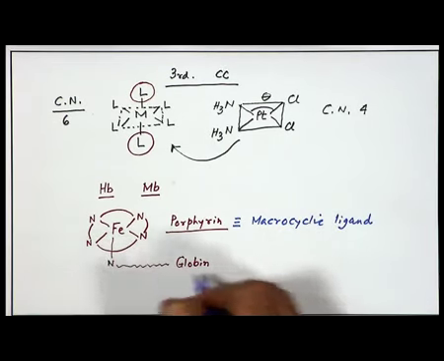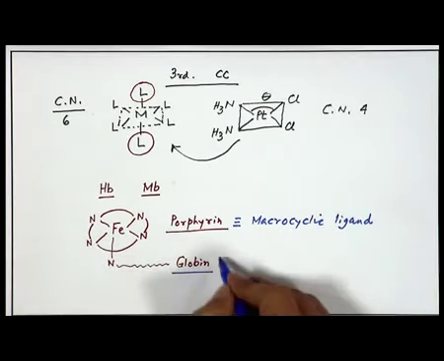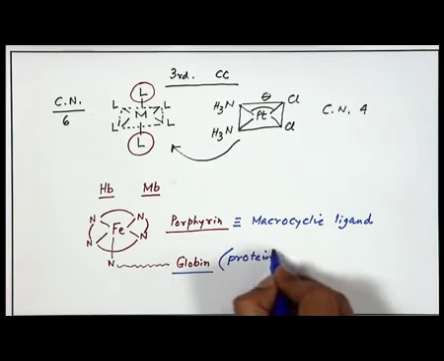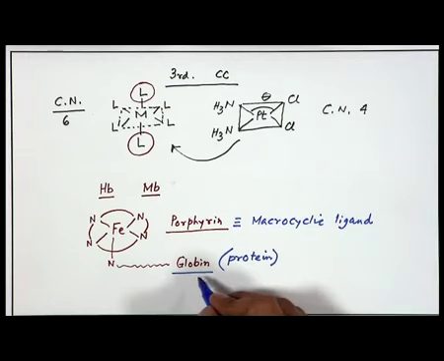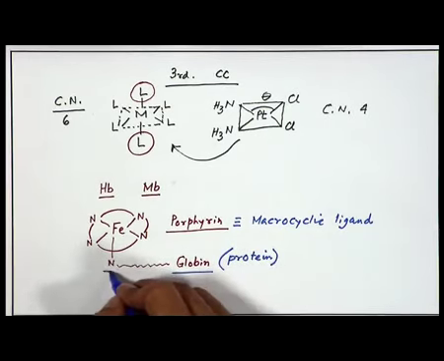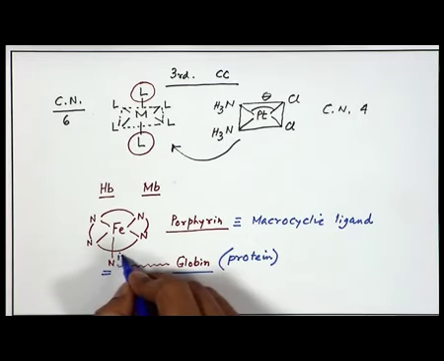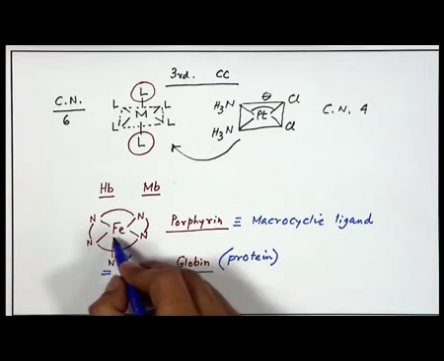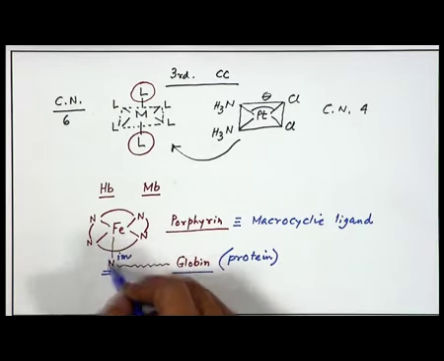Then the connectivity towards the protein chain, the globin chain, from the protein part, is functioning as a monodentate ligand because it is providing 1 nitrogen from the imidazole ring of the amino acid of the protein chain, coordinating to the 5th coordination site of iron.